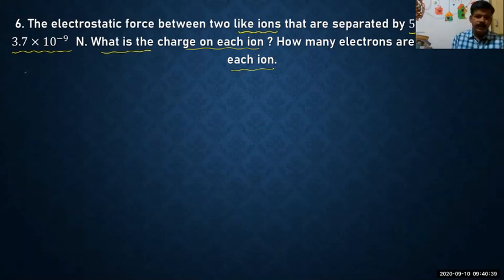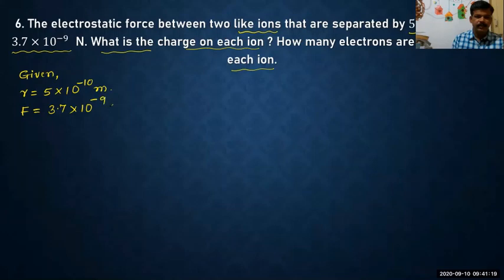Here they have given the information about the distance of separation, that is r is equal to 5 into 10 raised to minus 10 meter, correct? And also they have given the force, that is 3.7 into 10 raised to minus 9 Newton.